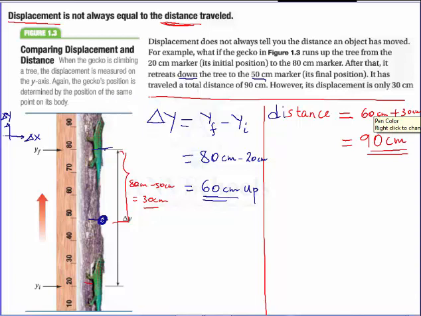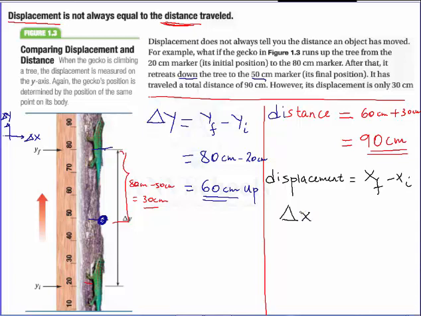Let's find the displacement of this Joko. Now here comes the difference. Whenever we are talking about displacement, we have to take into account the direction of the object, or the initial and the final position. That is the final position minus the initial position. It's better to use y because the object is moving vertically.